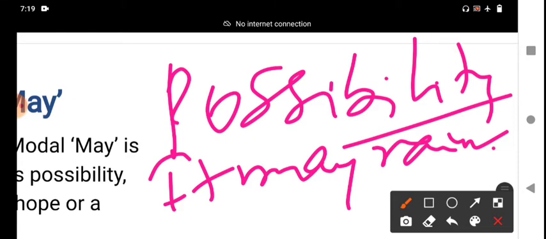It is a possibility. It may rain or not. We predict our idea. It may rain tomorrow. It may rain in a few minutes, based on guessing the atmosphere or weather. That is the possibility. I may get a good job. I may go abroad in a few years.